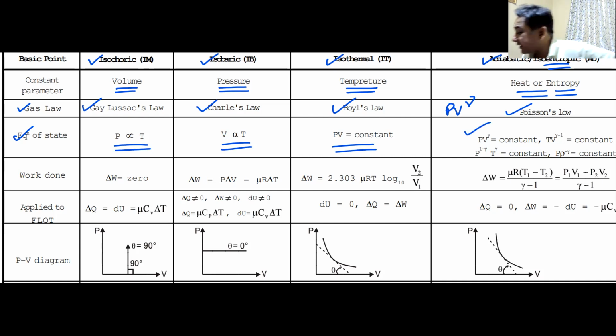Here 4 different formulas are given. PV raised to the power gamma is constant, TV raised to the power gamma minus 1 is constant, P raised to the power 1 minus gamma, T raised to the power gamma is constant. Or the last one, the smallest one, is P into rho, where rho is density, to the power minus gamma is constant. Do we see this?